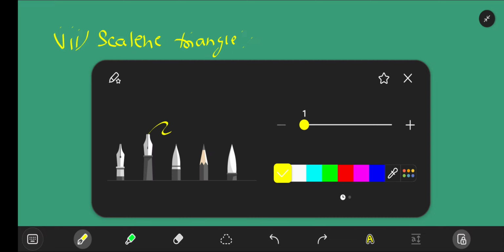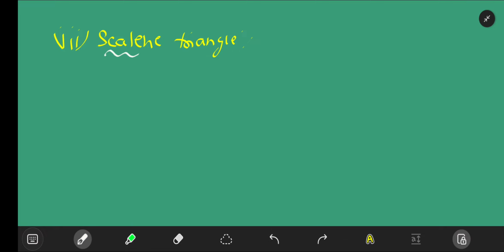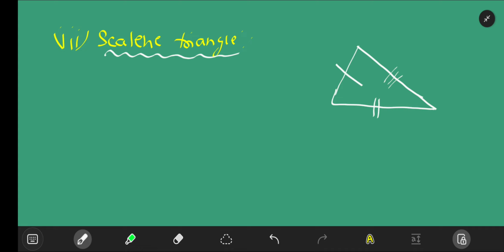Third type of triangle is scalene triangle. In scalene triangle, all sides are of different length.